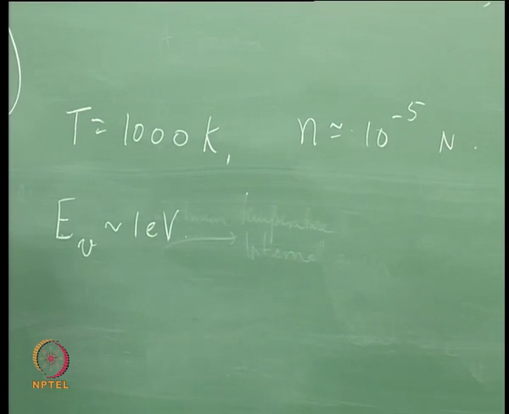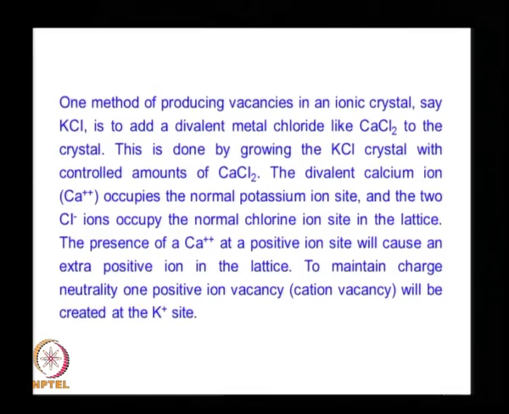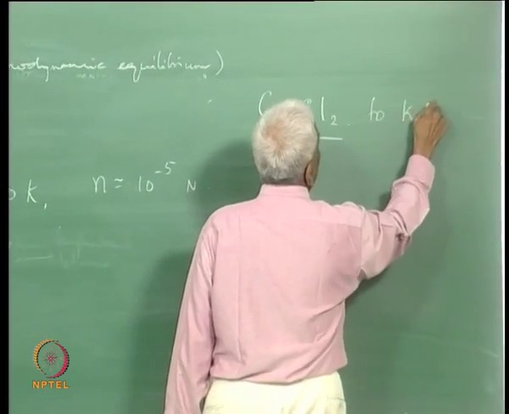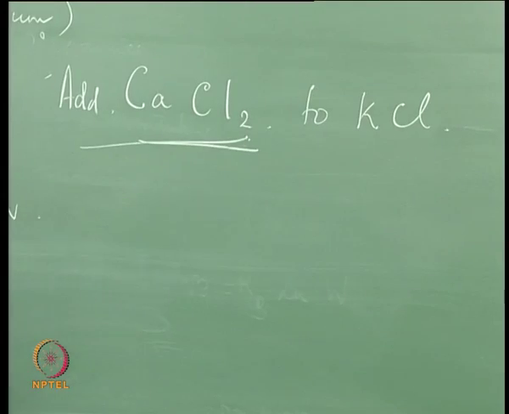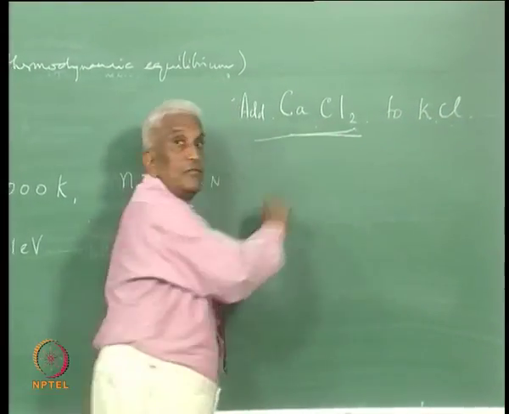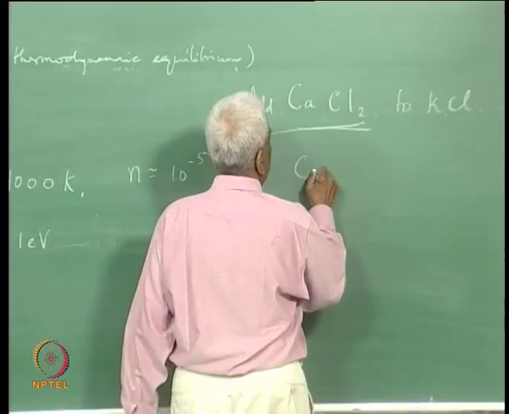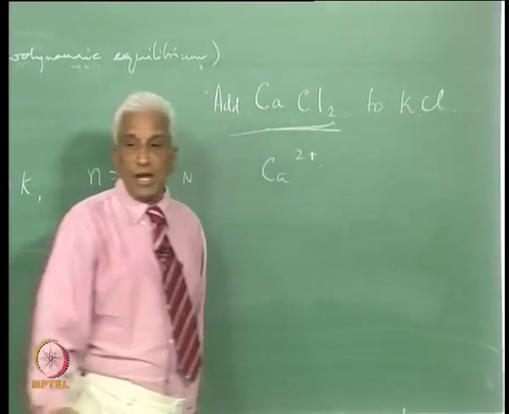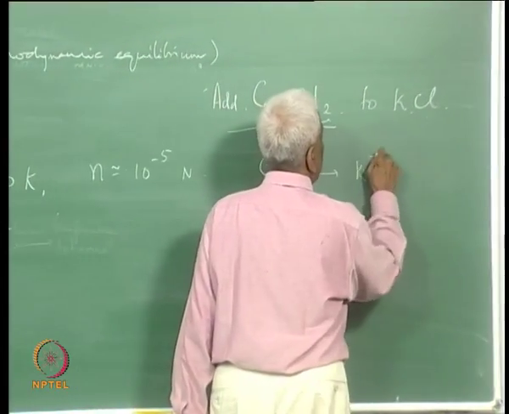To produce vacancies in an ionic crystal, for example potassium chloride, what one can do is add a divalent metal like calcium chloride to potassium chloride. So, you grow a KCl crystal with controlled amounts of calcium chloride, and the divalent calcium Ca2+ occupies the regular lattice site, which is, it goes into the potassium site.